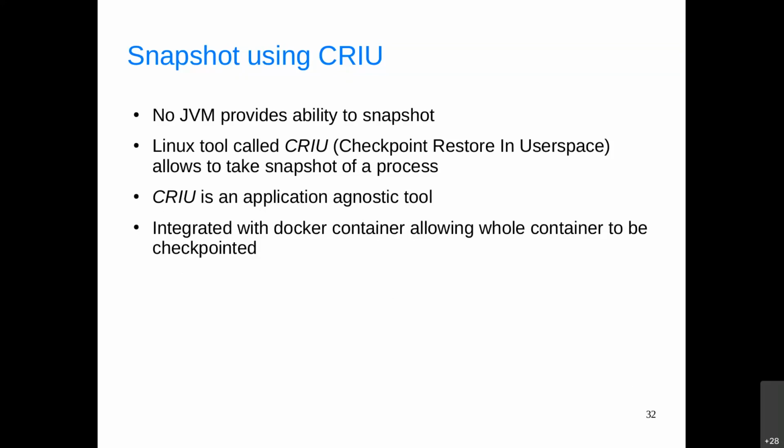The CRIU tool is application agnostic. It can be used to take a snapshot of any runtime process. Another advantage of CRIU is that it is integrated with Docker containers. What that means is you can take a snapshot of the whole container and restore the container at a later point in time.